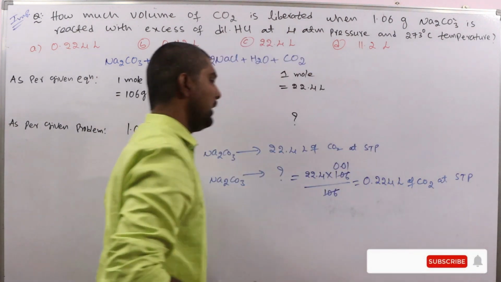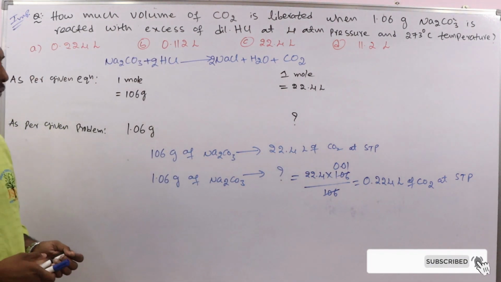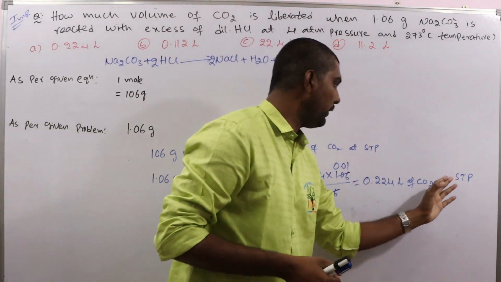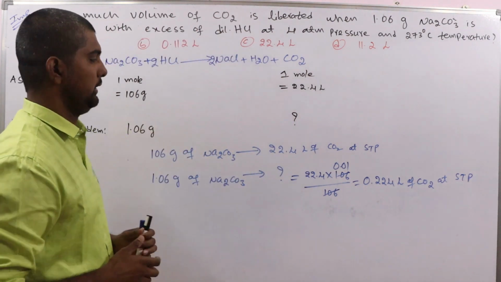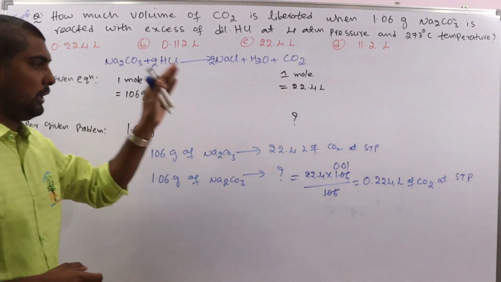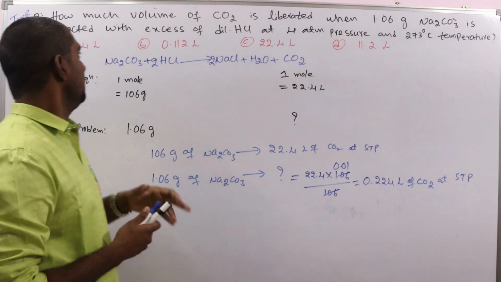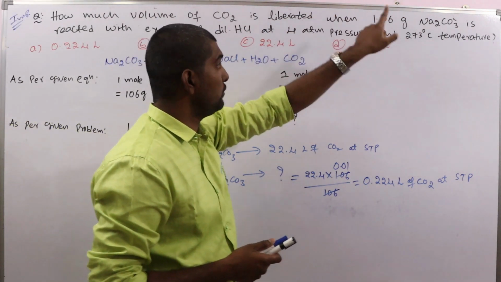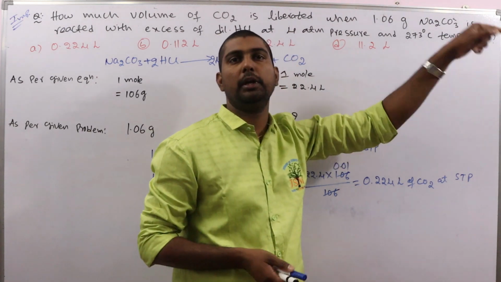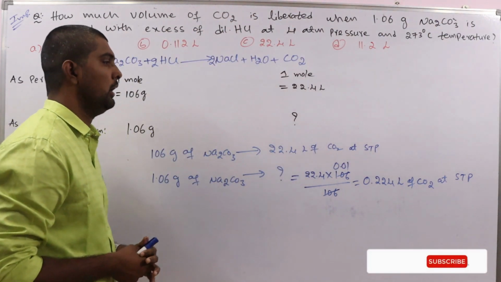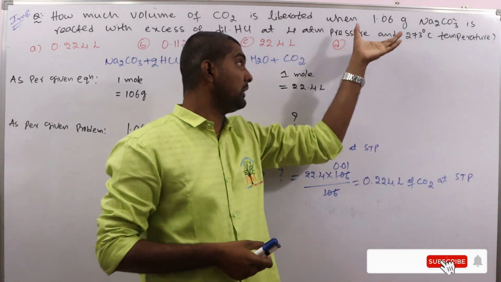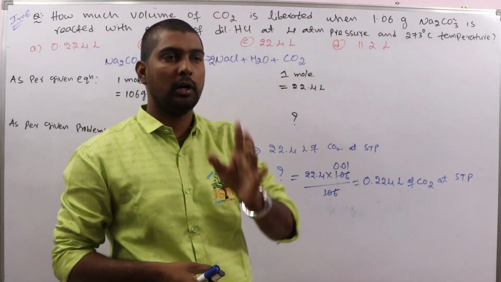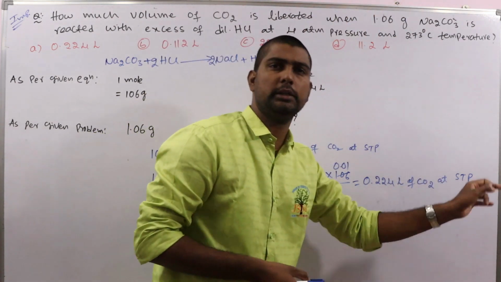But see here, at 4 atmosphere pressure and 273 degrees centigrade temperature they are asking the volume of CO2 at these conditions, but we got the answer at STP conditions.